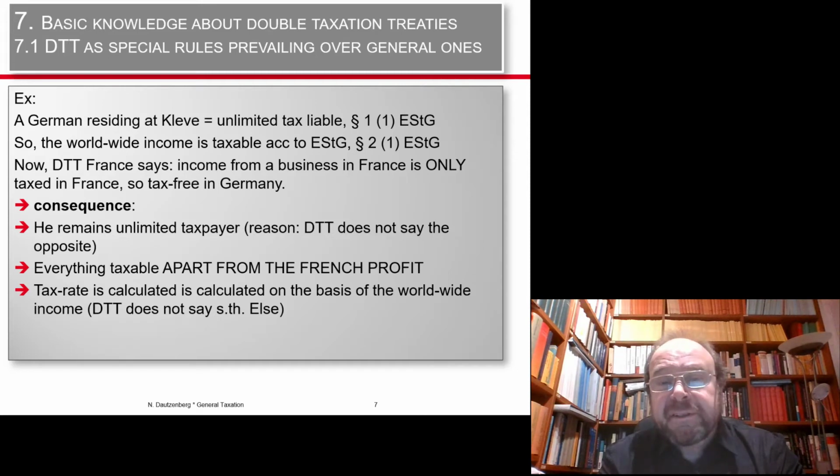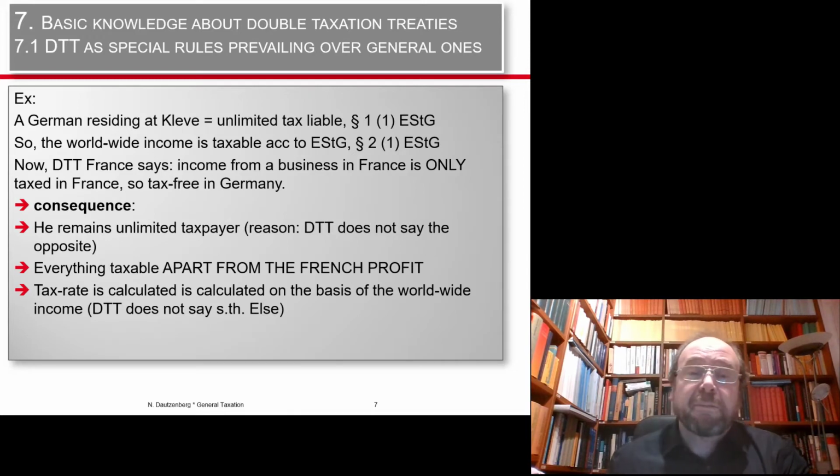So we can freely decide to determine the tax rate according to an auxiliary calculation which takes into account the whole existing world income of that person, because promising we don't tax the income from France does not mean, DTT doesn't say that, so it's not a rule, that you have to ignore the French income completely. For other purposes than taxation of the French income, you can take it into account. Okay.